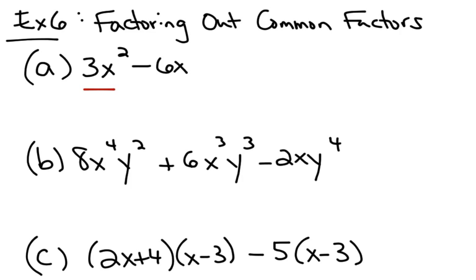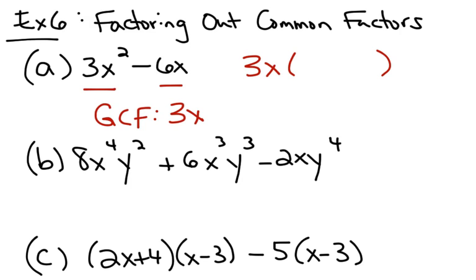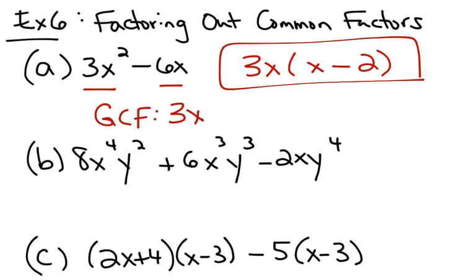So in A, 3x squared and 6x, the greatest common factor is 3x. Both terms are divisible by 3 evenly, and they're both divisible by x. So when you divide them both by 3x, the first term you're left with an x, and the second term you're left with 2. So 3x parentheses x minus 2 is the factored form of 3x squared minus 6x.